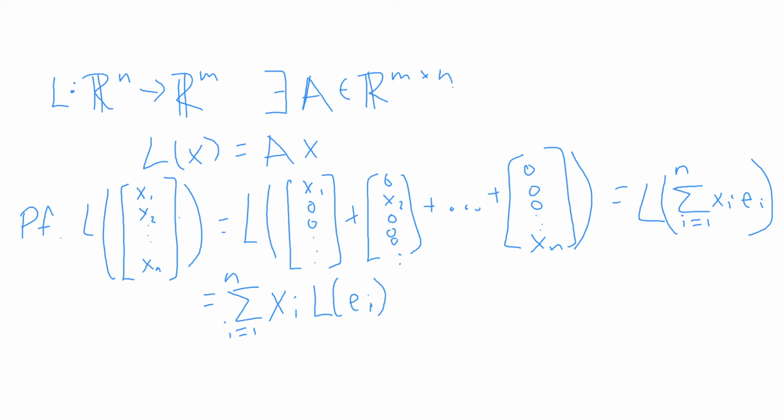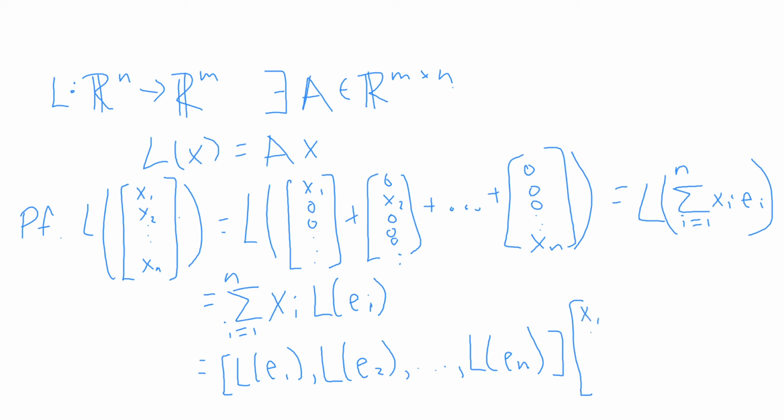And then we can rewrite this as a matrix, where the first column is L of e1, the second column is L of e2, all the way through L of en, multiplied by our original vector, x1 through xn. So we see that this matrix here fits our requirements for A.